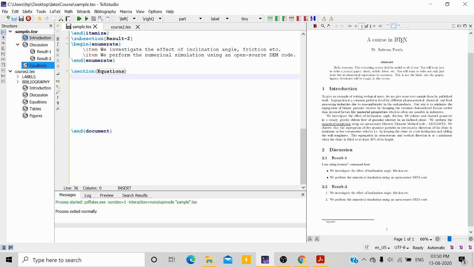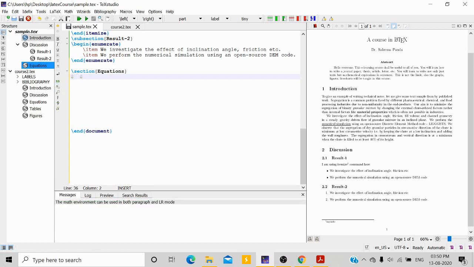Now, either you can put it directly between dollar signs, or you can write it down like this, or directly use math mode here.